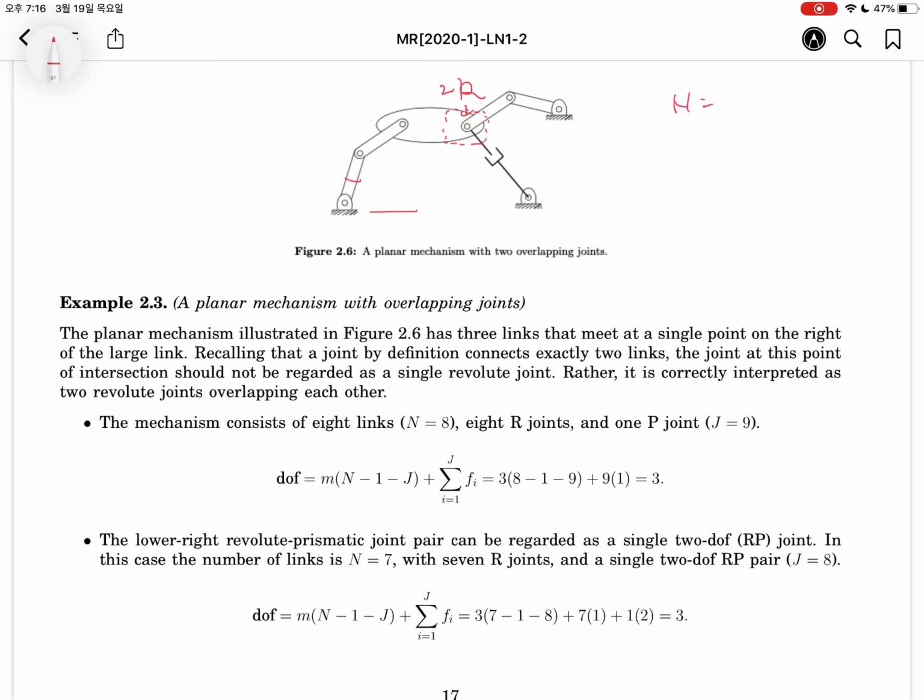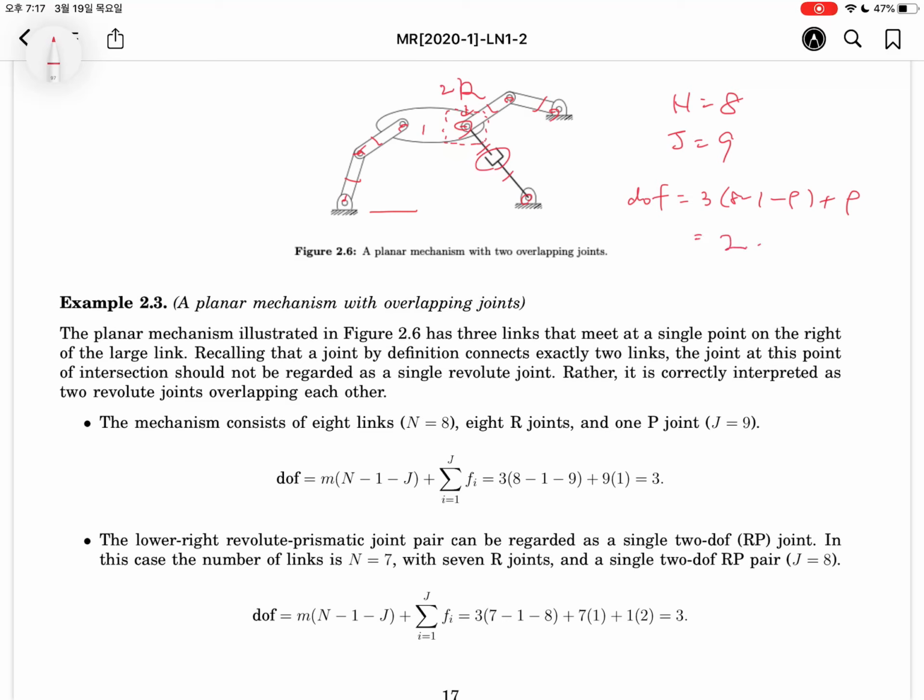Okay, let's count n: 1, 2, 3, 4, 5, 6, 7, 8. 8 links. Joints: 1, 2, 3, 4, 5, 6, 7, 8, 9. This is 9. All the joints have 1 degree of freedom. So DOF is 3 times 8 minus 1 minus 9 plus 9.